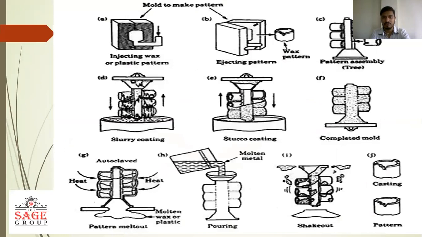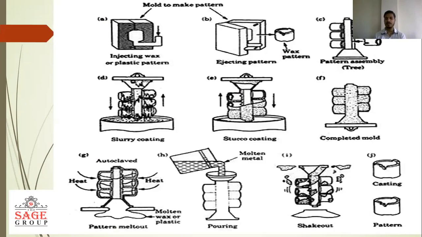Right? So first, eject the wax pattern. First of all, we make a wax pattern, and then it is assembled into a tree, and then the tree is dipped in a slurry coating, and that coating process goes on until the complete mold is formed around the wax. Then the wax pattern is heated, and the wax is removed from the mold.